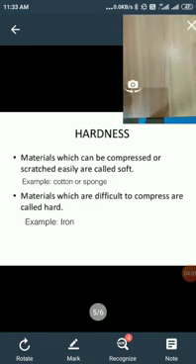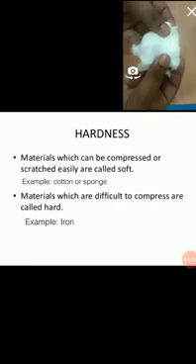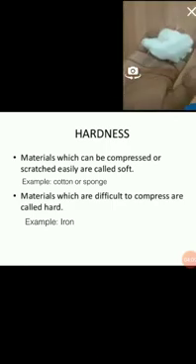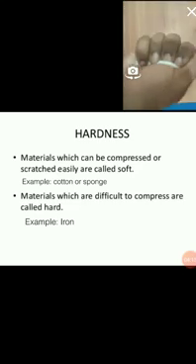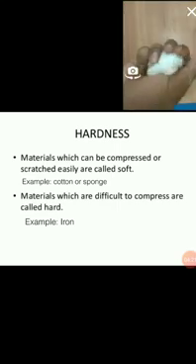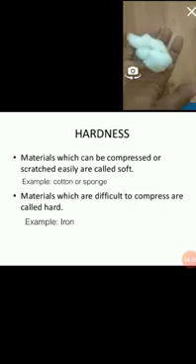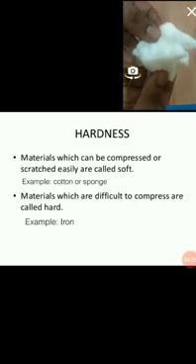If I take a lump of cotton, see, I'm having a lump of cotton in my hand. If I compress and press it with my finger, I can easily compress it. You can see, this is a soft object, soft material.